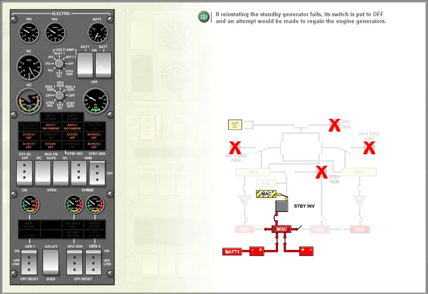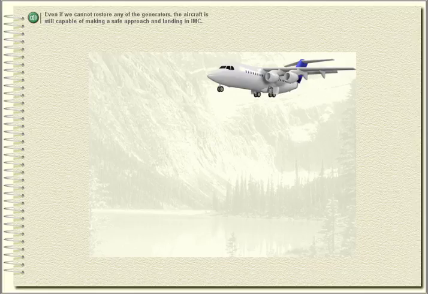And an attempt would be made to regain the engine generators. Even if we cannot restore any of the generators, the aircraft is still capable of making a safe approach and landing in IMC.